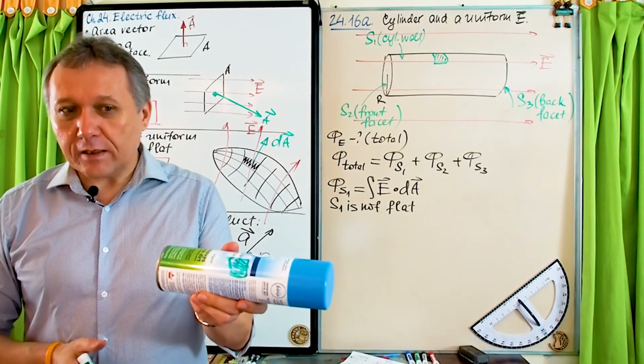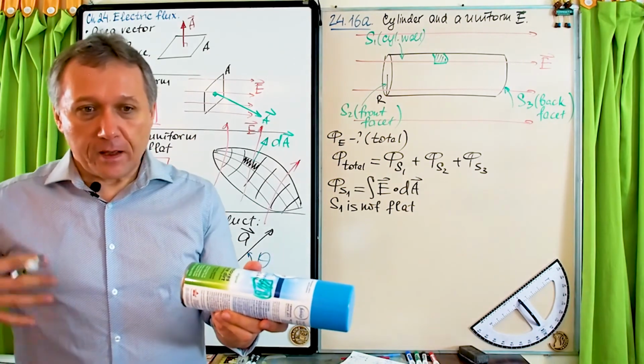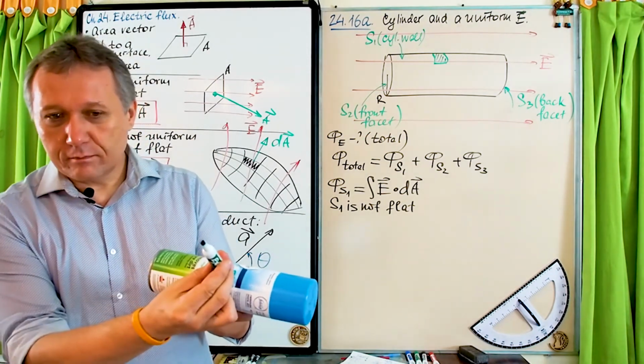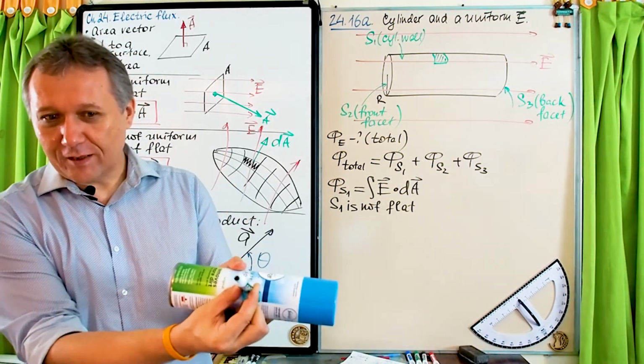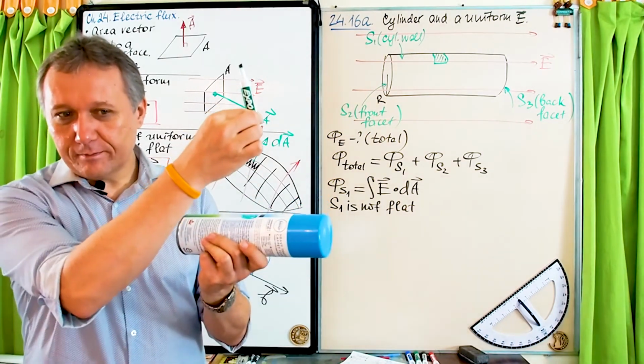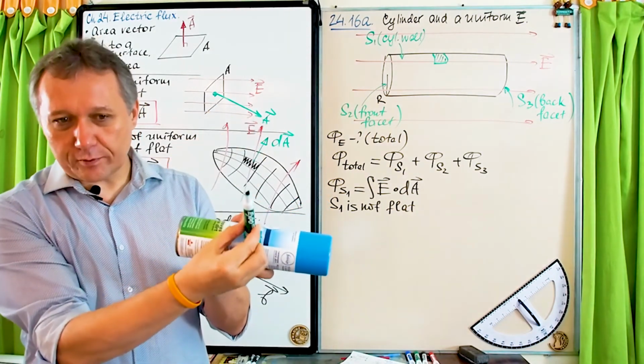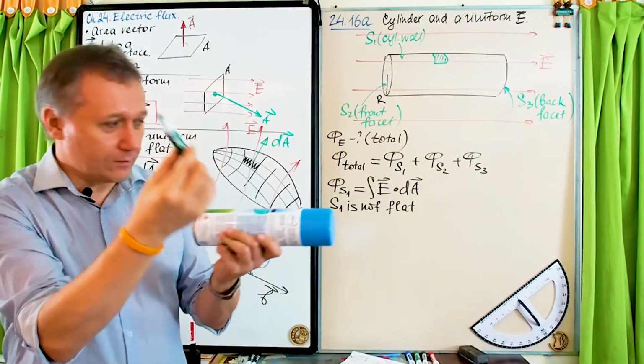If I draw the area vector, it will be perpendicular, it will be radial to that patch.